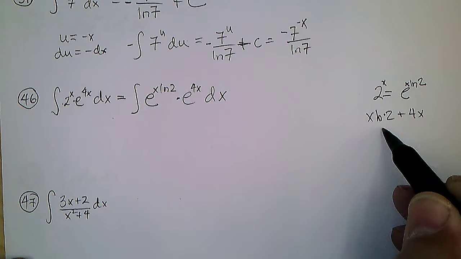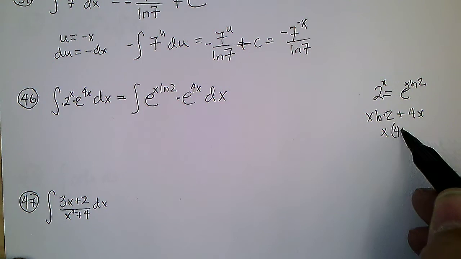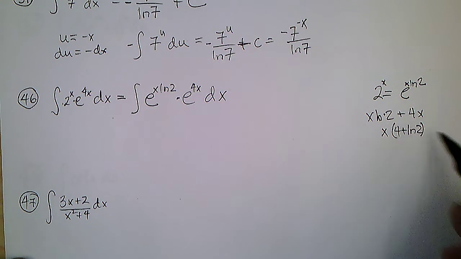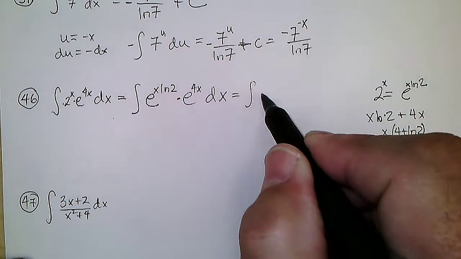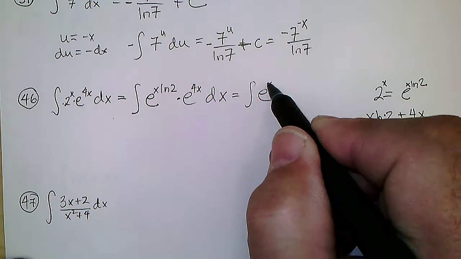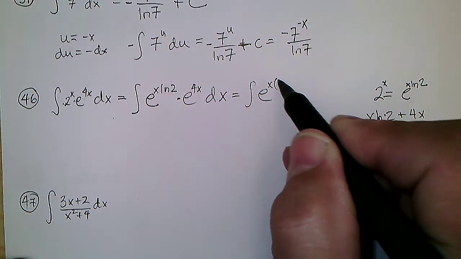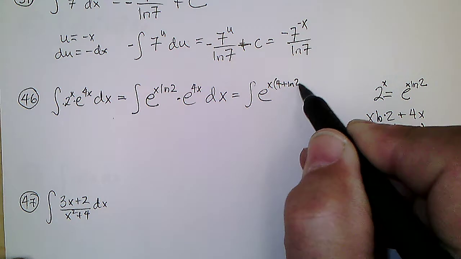We can factor out an x, and we get x times 4 plus ln 2. So this becomes the integral of e to the x times 4 plus ln 2.